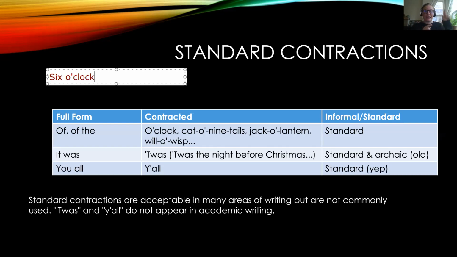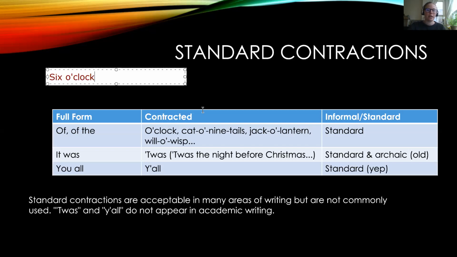If you're thinking of a standard clock with a face and the 2 hands that go around. So 6 of the clock becomes 6 o'clock. And we've just standardized this use for so long that this is acceptable. And that's the way we write o'clock. We'd never write 6 of the clock.